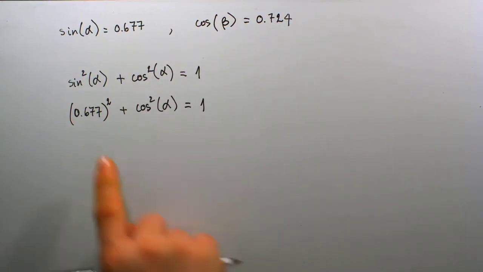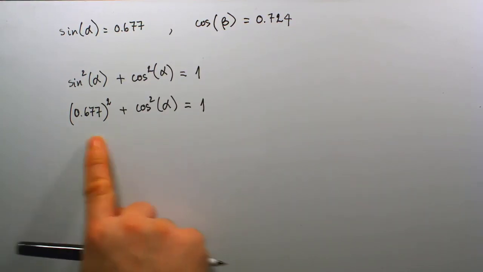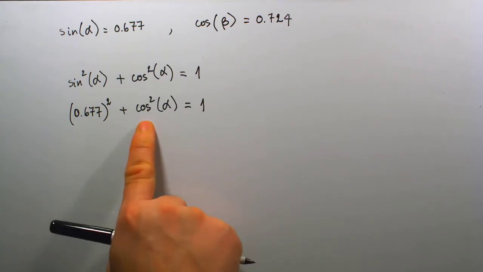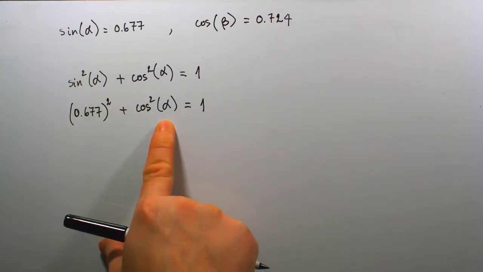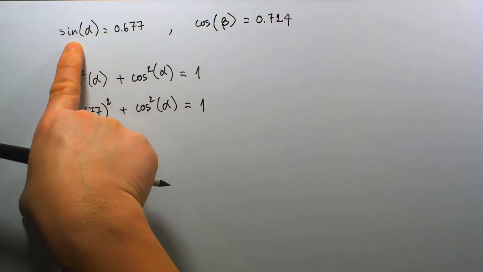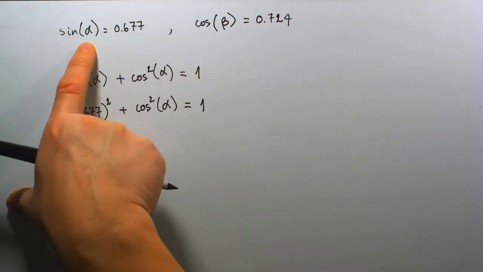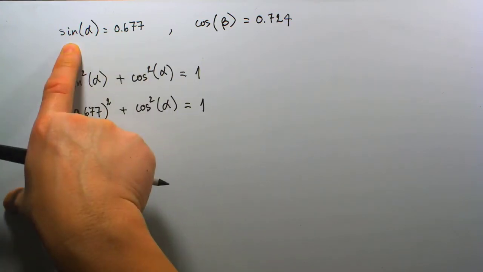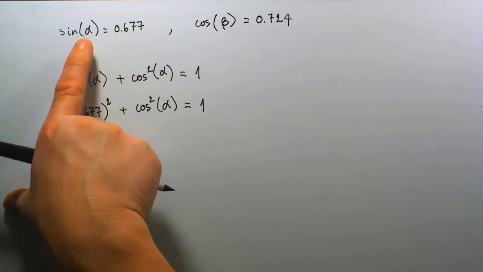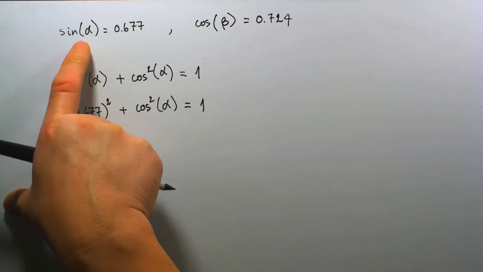And at this point I am on my way to solve for the cosine of alpha value, because what's missing here is that we already have sine of alpha, but we don't know cosine of alpha, the other partner of the same angle.